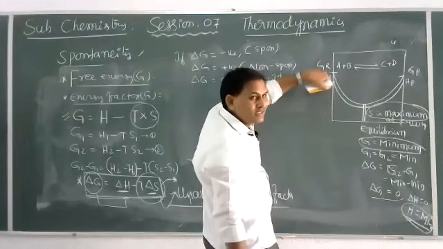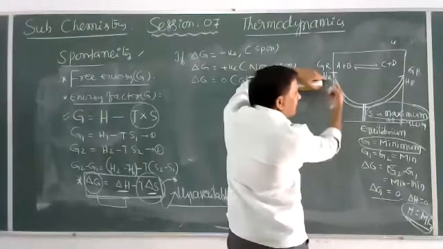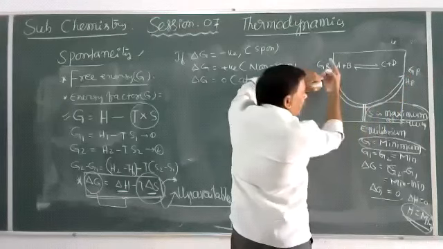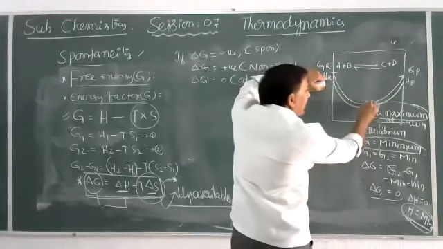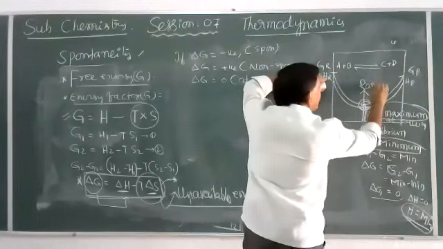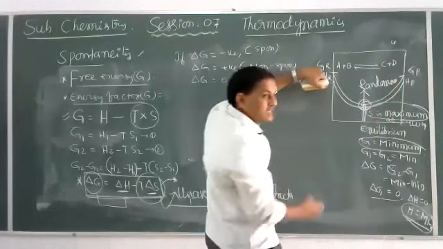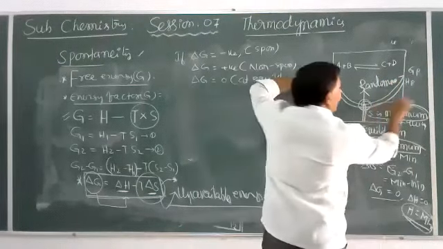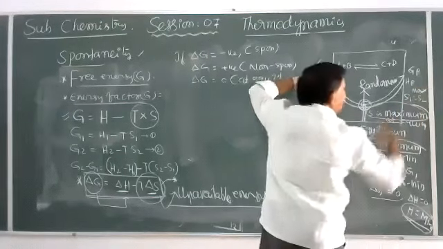What is S? Entropy. So at equilibrium, continuously reactants convert into products, and products convert into reactants, it cannot stop, just like a dynamic equilibrium. At this position, the randomness increases. Randomness increase means entropy increases to the maximum. But here at equilibrium, S1 is equal to S2, maximum minus maximum.